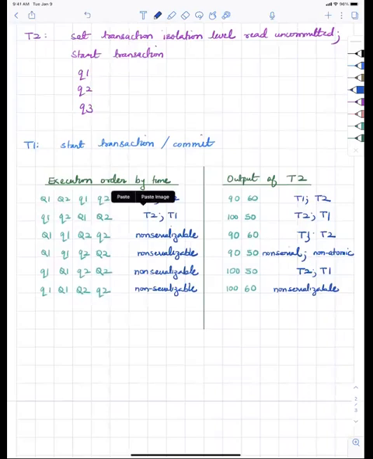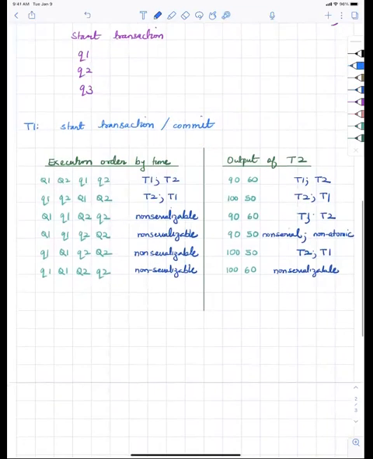Okay. And here I was doing the committed. If I did T1, which has start transaction with rollback, the only legal result out here is 150.